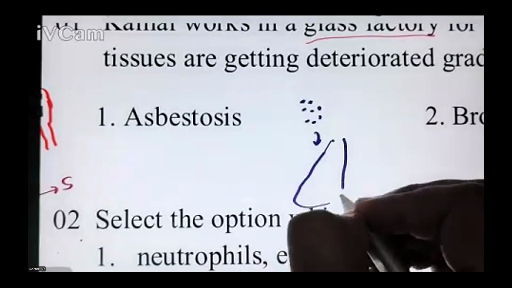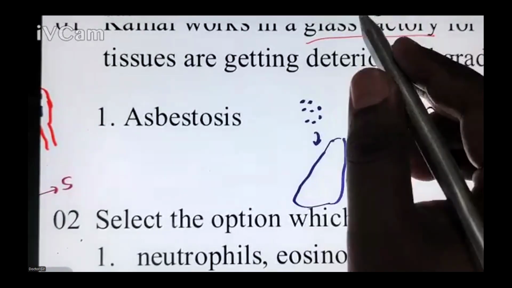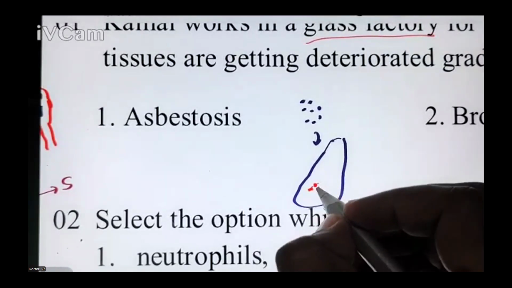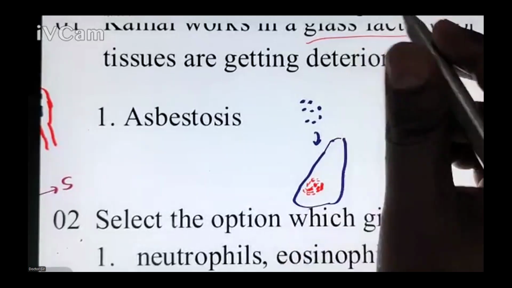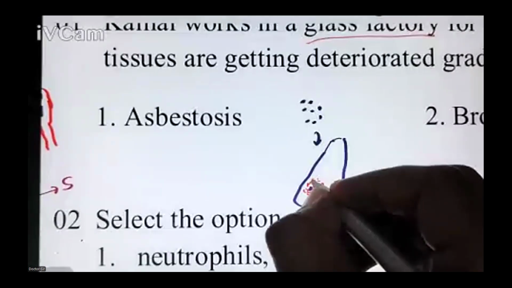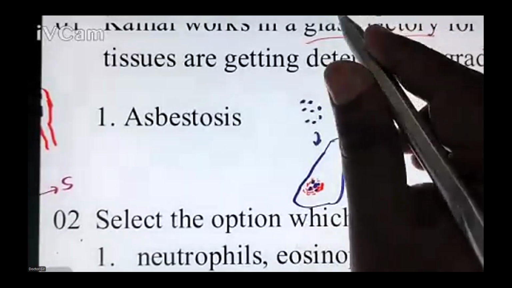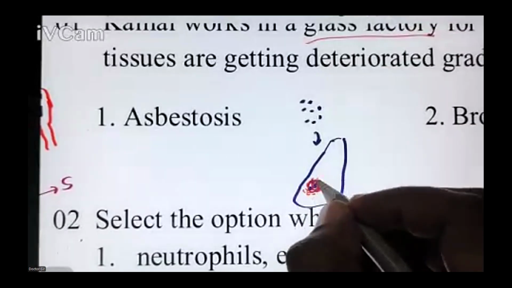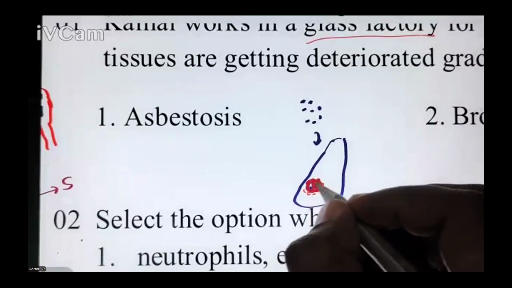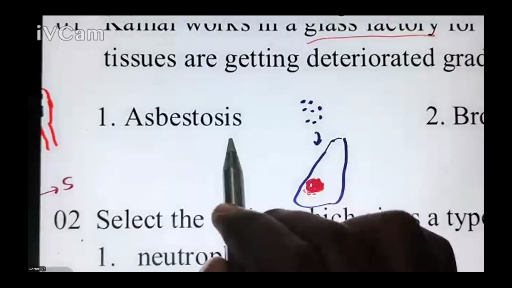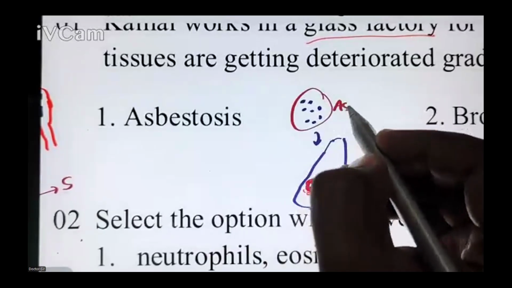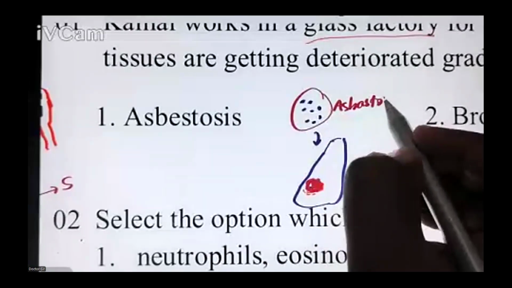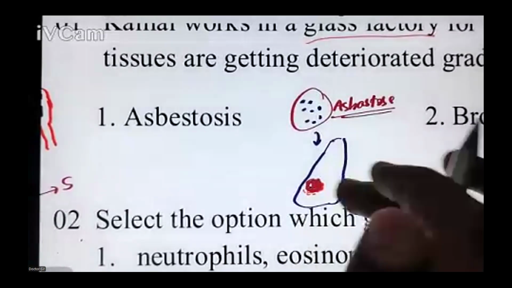Then they also destroy part of our lung tissues, as the body tries to destroy the particles that entered. Unfortunately part of our lung tissues also gets damaged. That can cause asbestosis, which is due to asbestos particles.